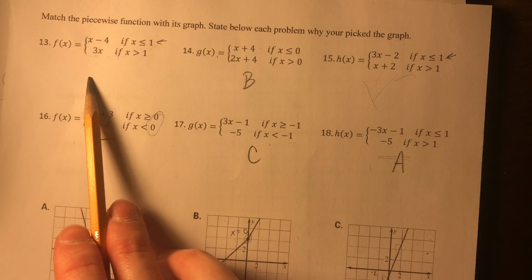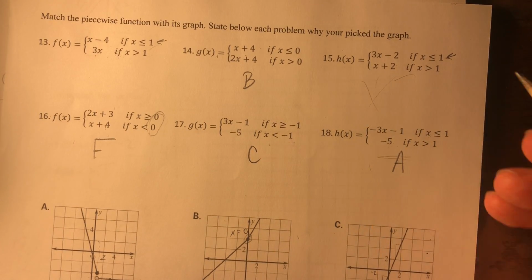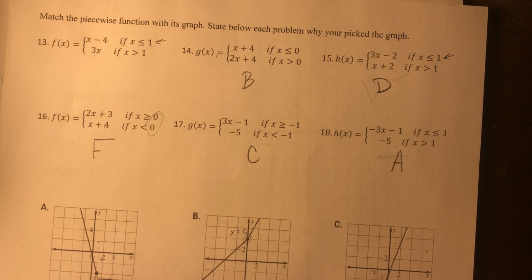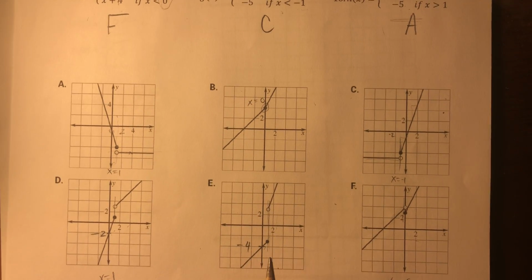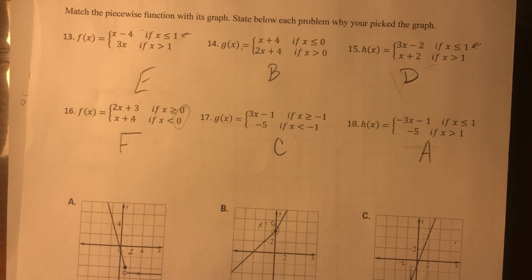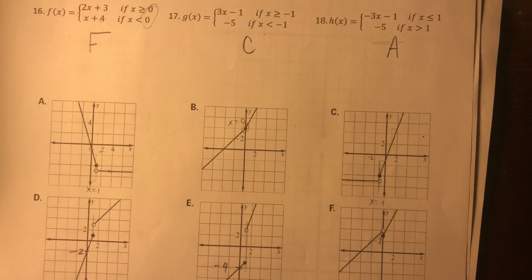So between 13 and 15, I'm going to choose 15 for D. For F, I'm sorry, did I say F? I meant E. For E, we've got our y-intercept of negative 4, so that refers to here. Okay, that's all for the matching.